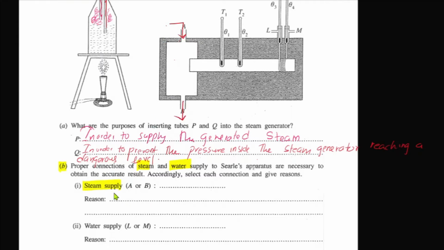What they are asking about is the steam supply. We need to supply steam from where? A. They have asked for the reasons as well. There are plenty of reasons, guys, but the main key factor for all of them is mostly the density of steam.